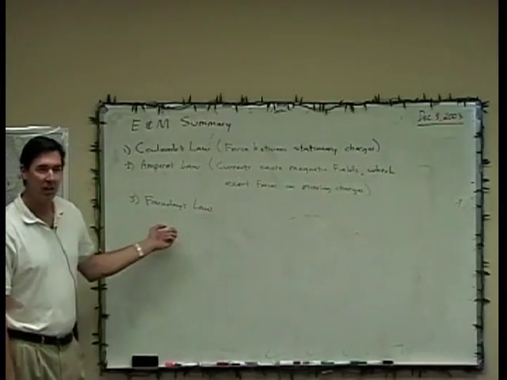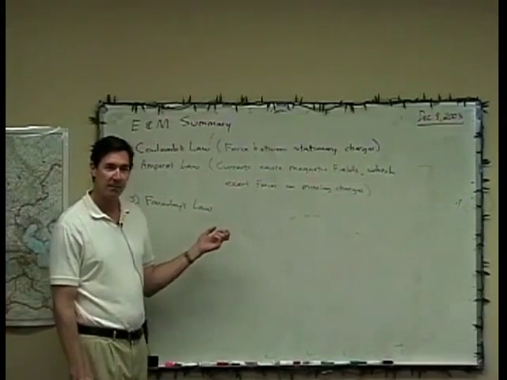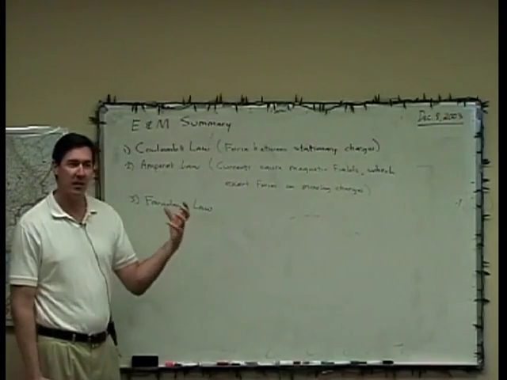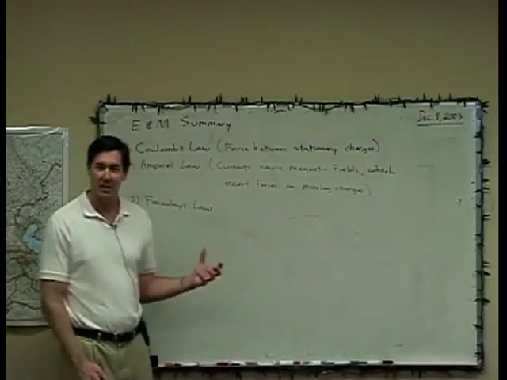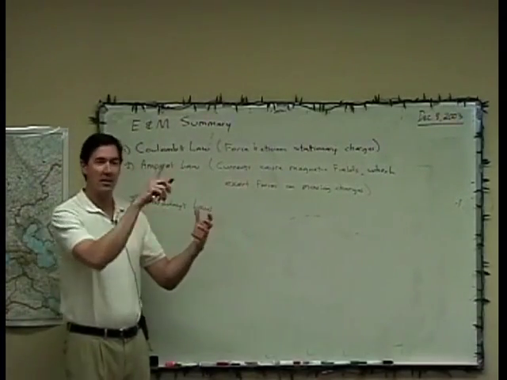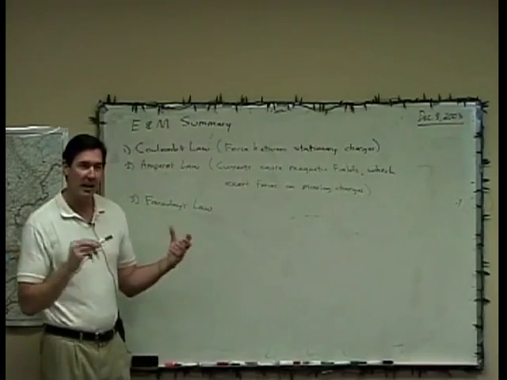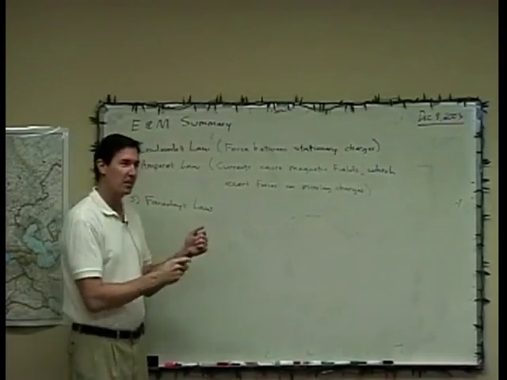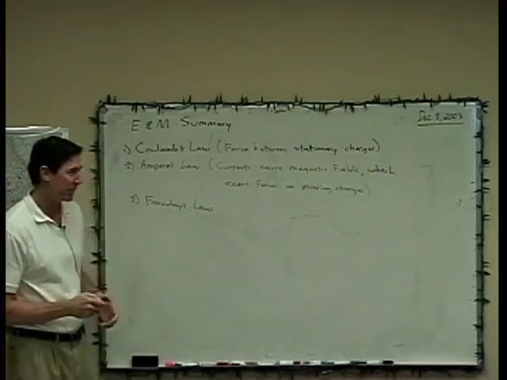Now, Faraday's law, I said at the end this morning, the image that should come to your mind when you think about what Faraday discovered is this wire loop and the magnet going through it. When that magnetic field through that loop changes, it creates a current in the loop that opposes that change.